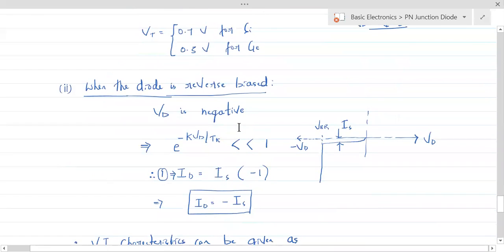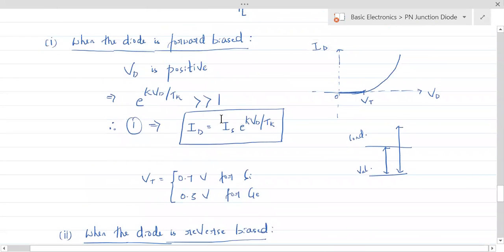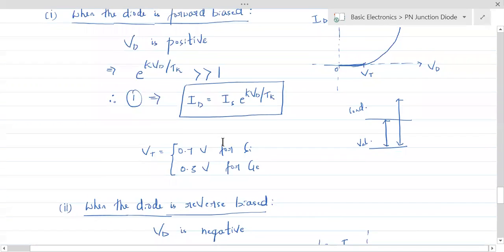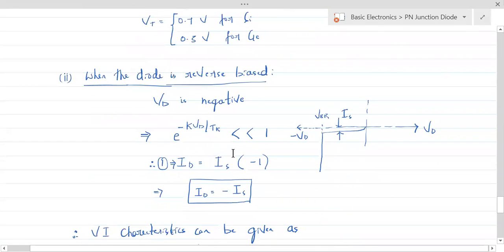Understand that? In forward bias, the diode current looks like this: the exponential with IS as the amplitude. And in reverse bias, the current looks like minus IS. IS, as I've told you, is a very small current because it is due to the minority carriers.